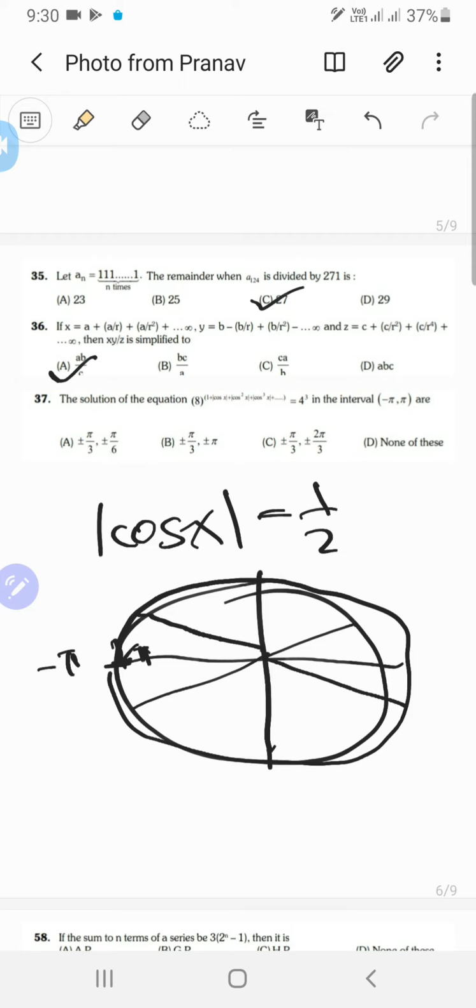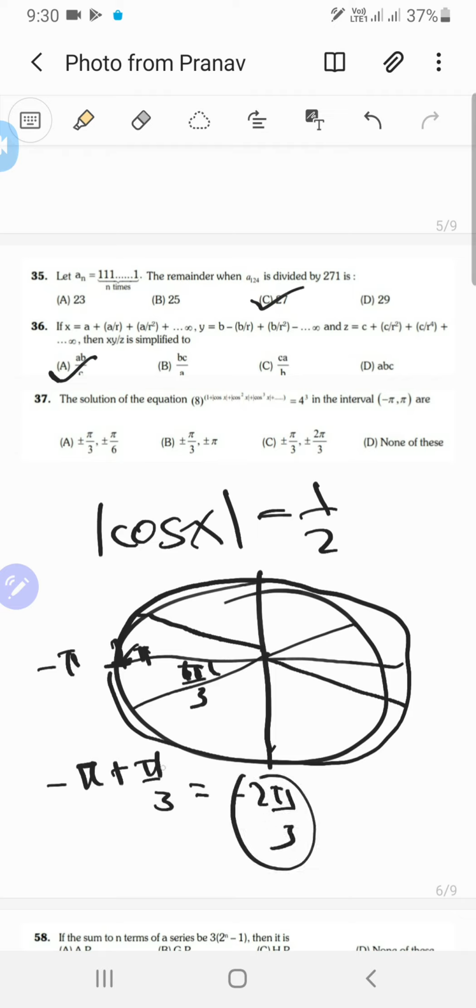Okay, cool. So the first value which we will meet is when you put this as 60 degrees or as pi by 3. So you just get minus pi plus pi by 3, which is minus 2 pi by 3. That's the first value over here. Then you get minus pi, this is supposed to be 0, this is supposed to be pi by 3.